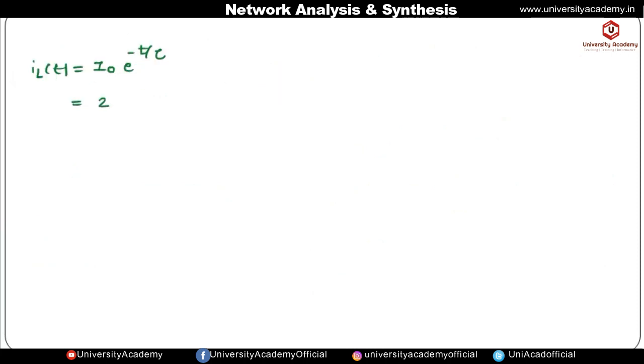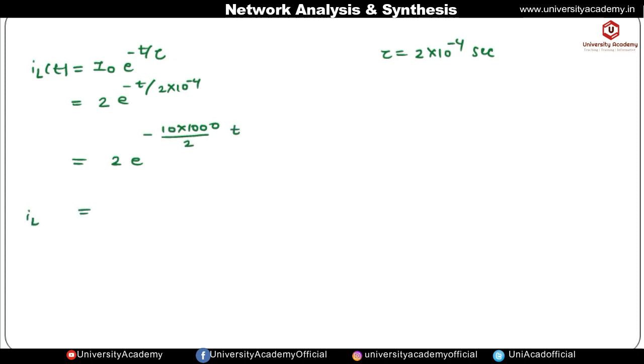So I naught is 2 ampere into e to the power minus t by the time constant, which we have calculated as 2 into 10 to the power minus 4 second. Let us simplify, so it will be equal to 2 into e to the power minus 5000 t.